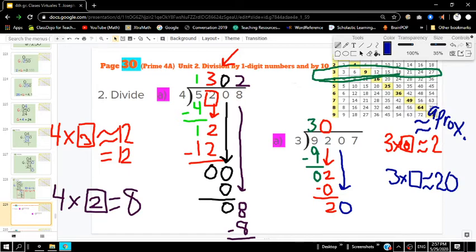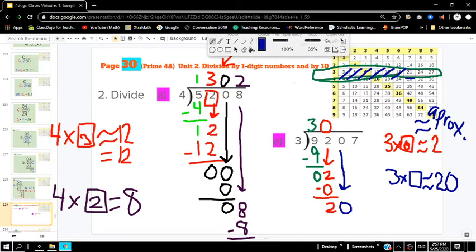Well, 3 times 1 is 3, 3 times 2 is 6, 3 times 3 is 9, 3 times 4 is 12, 3 times 5 is 15, 3 times 6 is 18. Oh, and the next one's a 21, so we would go over. So that's actually 6. 6 times 3 is 18. Let's put our 6 inside of our answer blank.